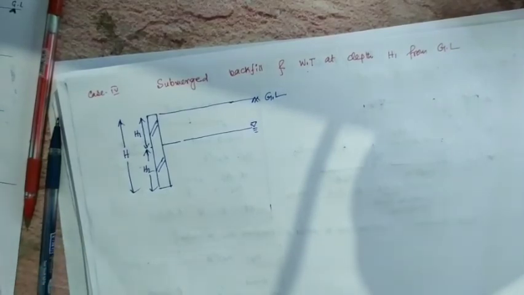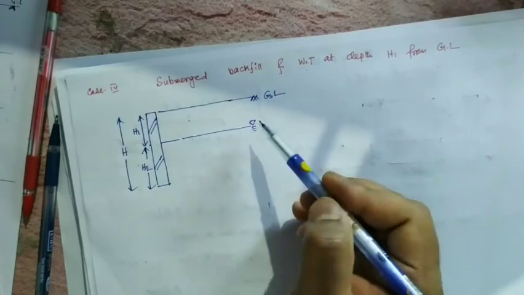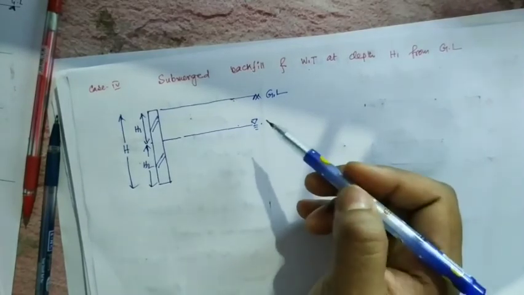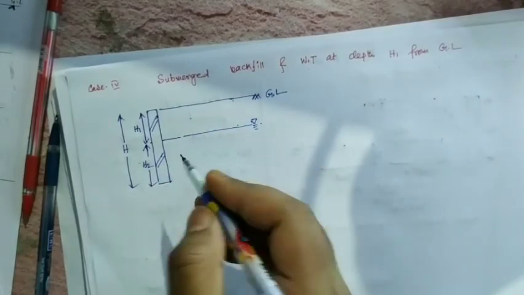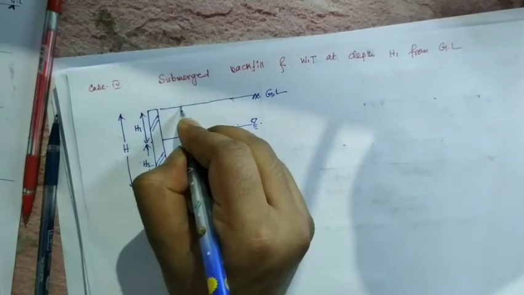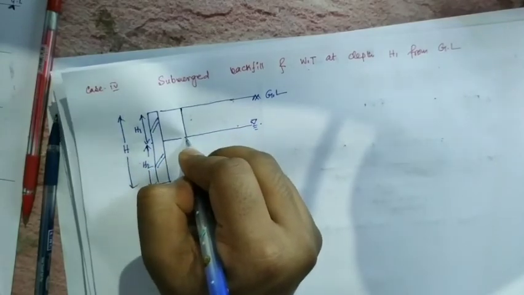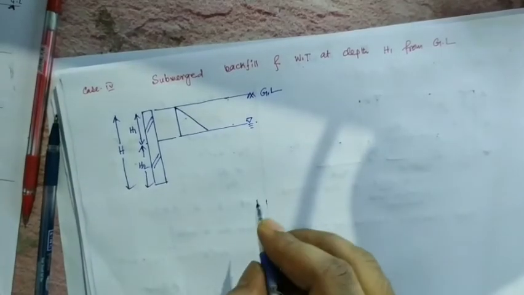From ground level to the water table, there is no water, so there will be no effect from the water side and no water pressure diagram. So the only pressure diagram will be from the soil. This is the pressure diagram for soil, and it will be triangular in shape.